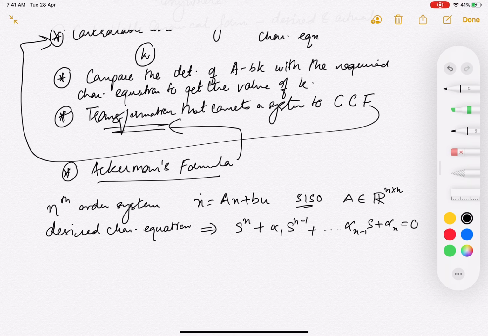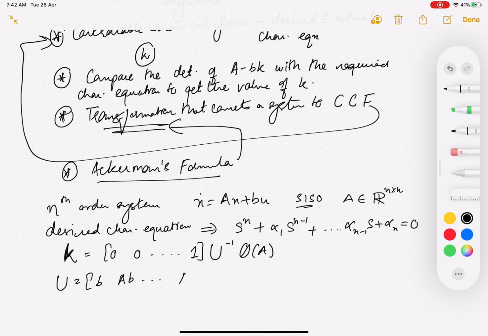If this is your desired characteristic equation, then Ackermann's formula says that the K matrix that you want to find out is going to be 0 0 all the way n terms up to 1, then U inverse phi A. What is U? U is the controllability matrix B, AB, up to A to the power n minus 1 B.